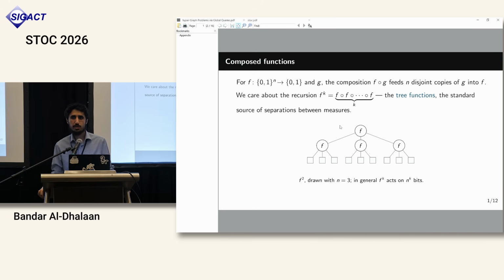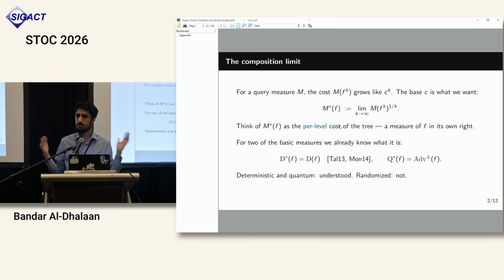And the reason why we care about this construction is that these are sort of the workhorse of query complexity. This is how we show a lot of the relations and separations between different query complexity measures. So take any query measure, call it m. The cost of m of f to the k usually grows something like c to the k.